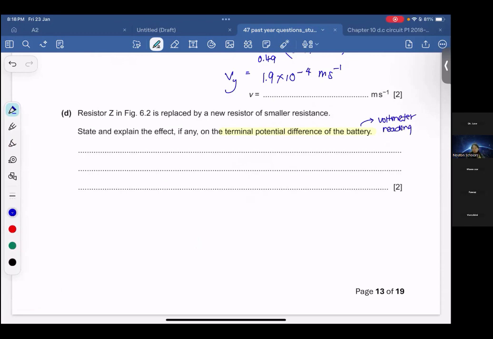That means our capital letter V. What happened to this V when the resistor Jack is replaced by a new resistor of smaller resistance? Think about this. I redraw the circuit.